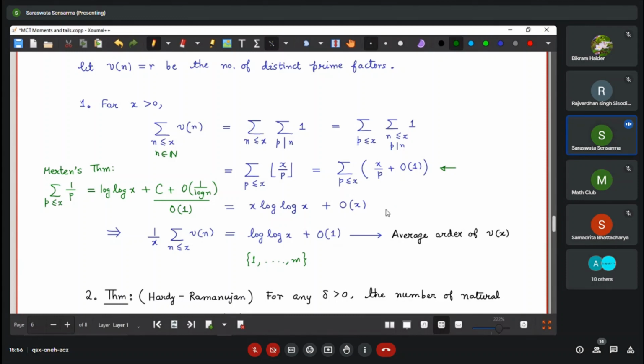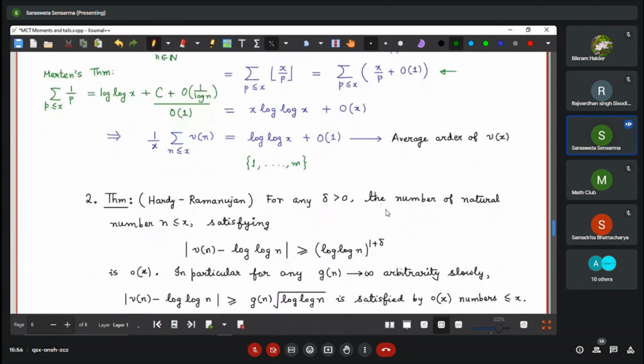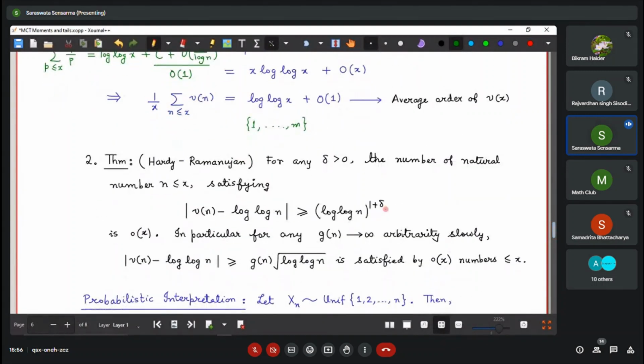For that, we get to a theorem of Hardy and Ramanujan, two people you might have heard of. The theorem goes as follows: fix any delta positive, then the number of natural numbers for which ω(n) is much bigger than log log n, in a window of, okay, so this difference ω(n) minus log log n is very large, larger than (log log n) to the power 1/2 plus delta, is small.